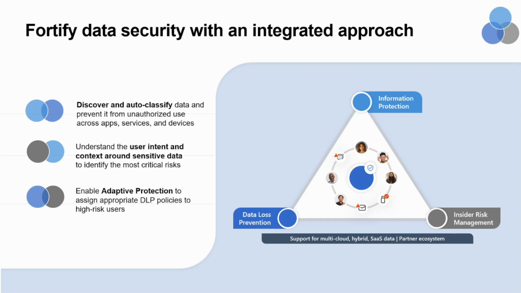And again, this is a big triangle of tools here. If you were to use insider risk management and data loss prevention together, then you can enable a feature called adaptive protection, which assigns appropriate data loss prevention policies based on the perceived risk level of a user.